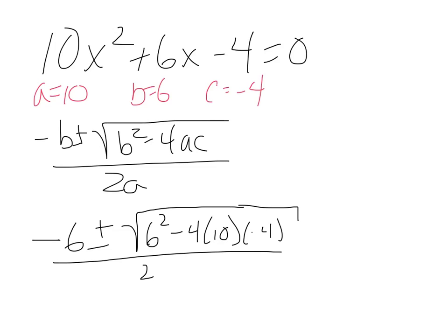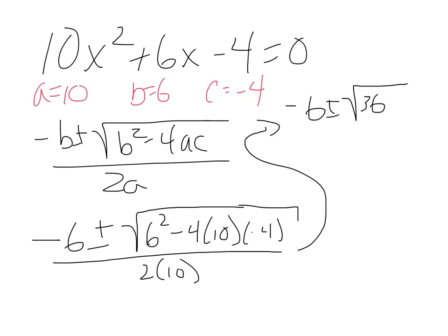All over 2 times 10. Okay? So what's 6 squared? 36. So we take this, we would get negative 6 plus or minus the square root of 36. And then what's 4 times 10? 40. Times 4.